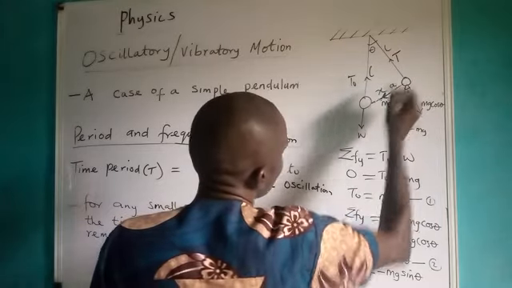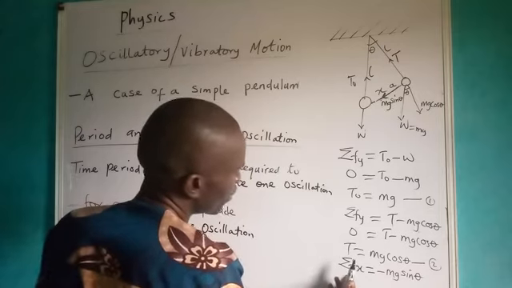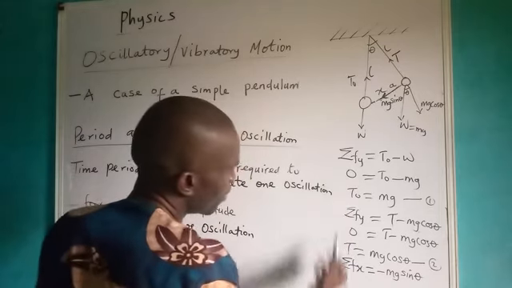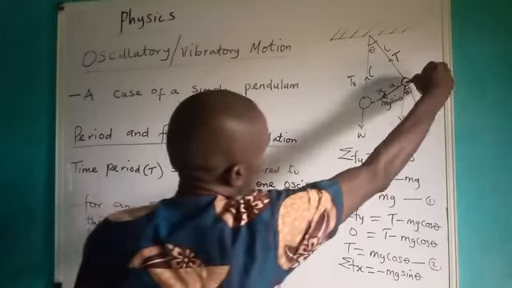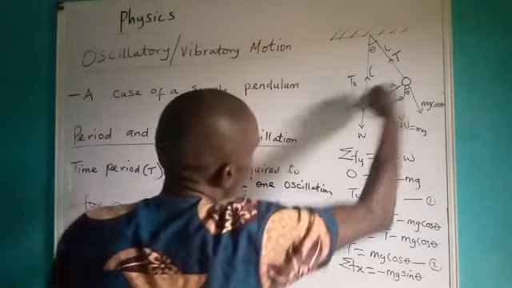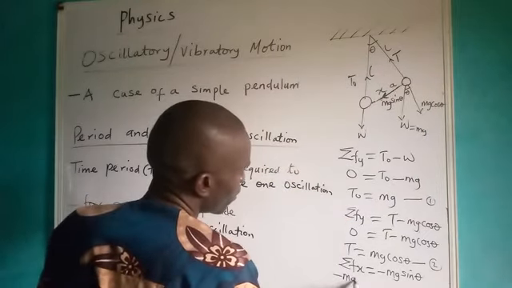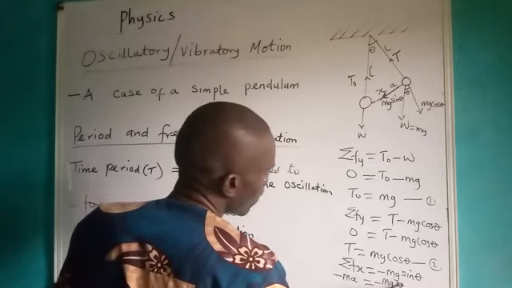The acceleration here cannot be 0. Here it was 0 because the sum of forces was 0 at that position, but for this one the direction is negative. As you release it, it moves to the left. Therefore, this becomes minus ma equals minus mg sin theta.